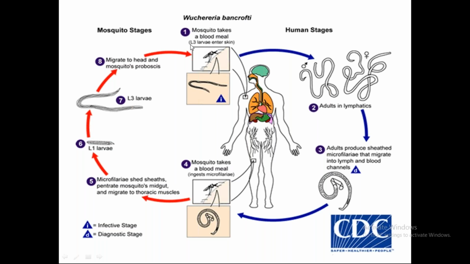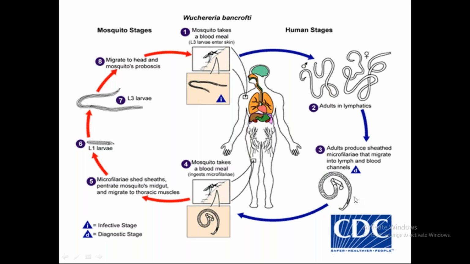So first, the L3 larva will be residing in the mosquito proboscis. When the mosquito takes a blood meal, it is ingested into the human skin. Later, adults form in the lymphatics. These adults produce sheathed microfilaria that migrate into lymph and blood channels.